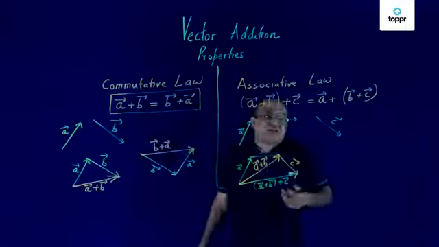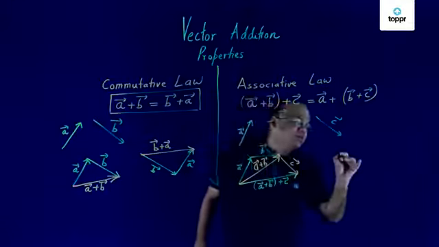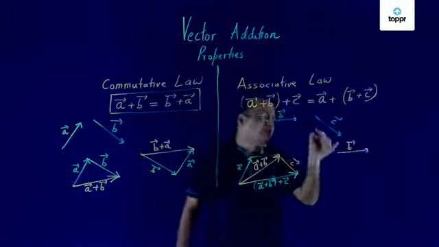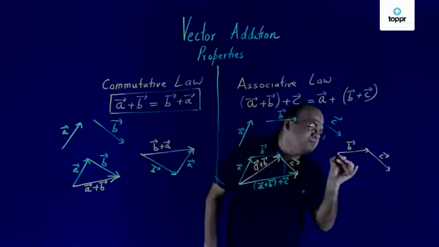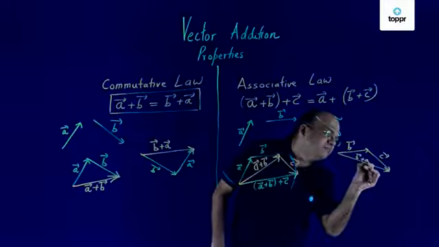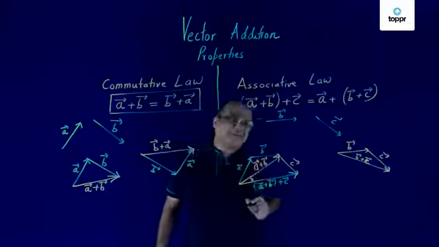Now let us do it in a different order. First we'll add B plus C. So this is B. I have drawn B parallel to itself. C's tail I shift here. So this is C. So this gives me B plus C. Right? This is B plus C vector.